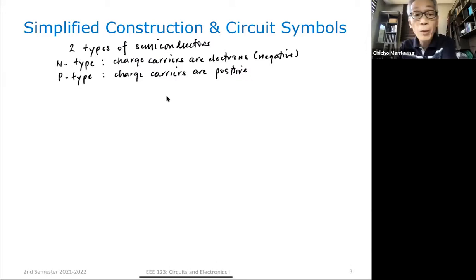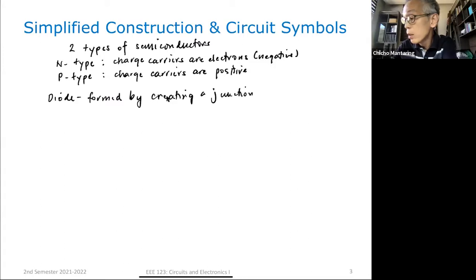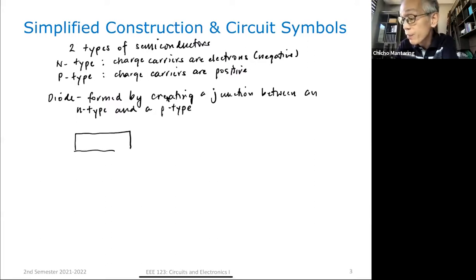Okay, how do you form a diode? A diode is formed by creating a junction between an N-type and a P-type. That's how you form a diode. So very, very simplistically, it looks something like this. You have a semiconductor, you have an N-type, and then you have a P-type.